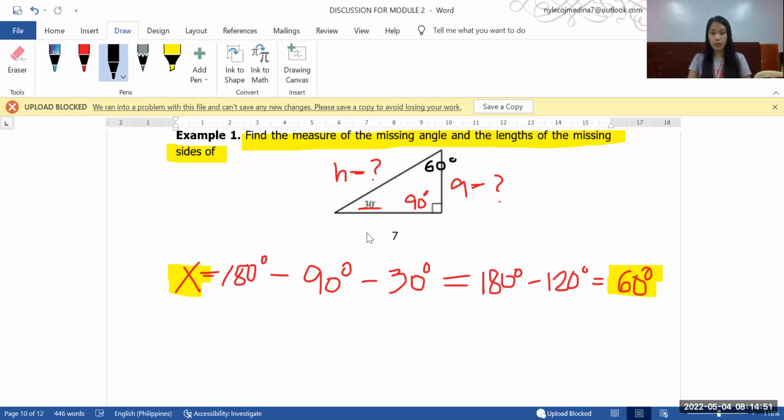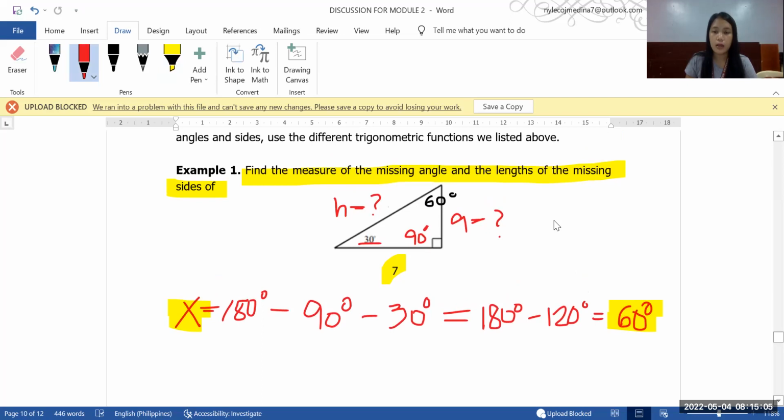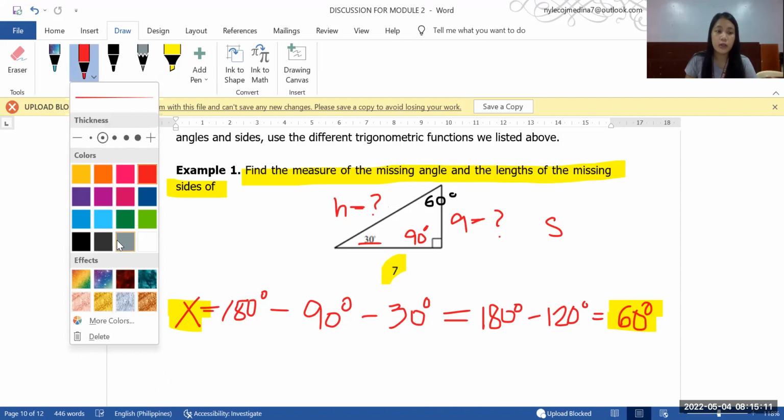Now, how do we get H and A? First, since 7 is given, we imagine using our SOHCAHTOA. May I use another color so that you have more to see?